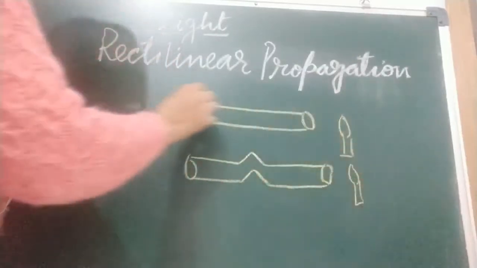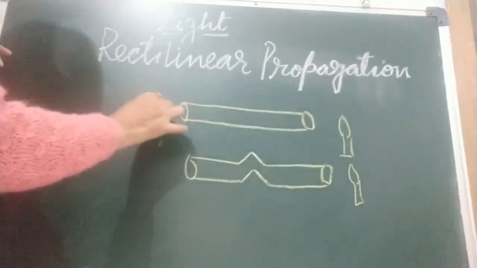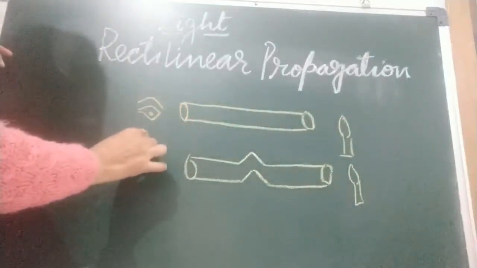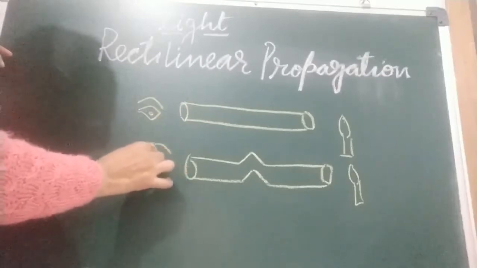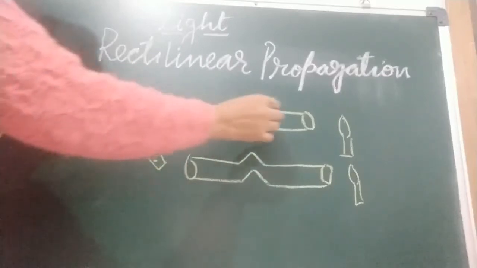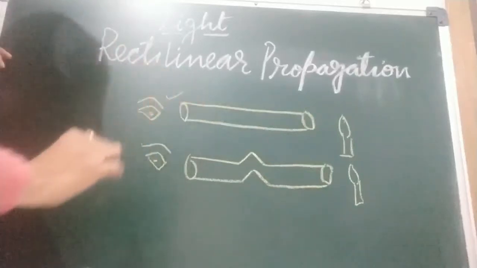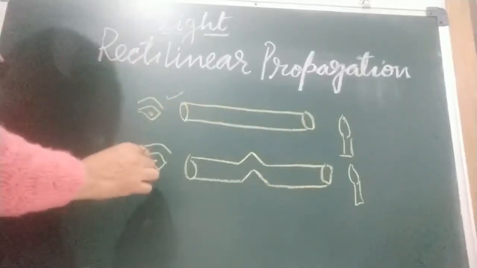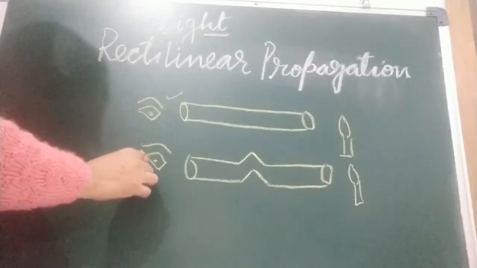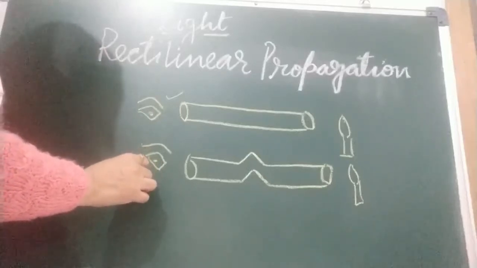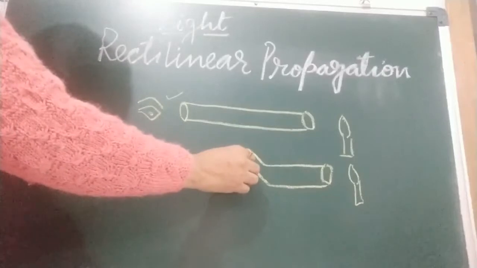Are we able to see from this tube? Yes. We are able to see the flame of the candle by this tube. And by this tube, we are not able to see. Why? Just because of this bending.